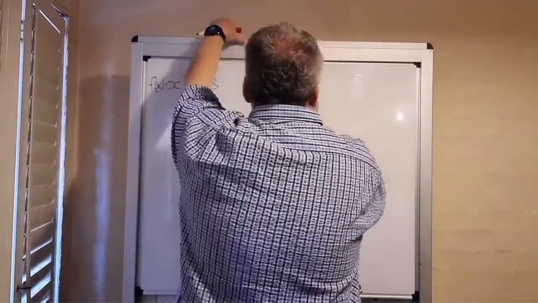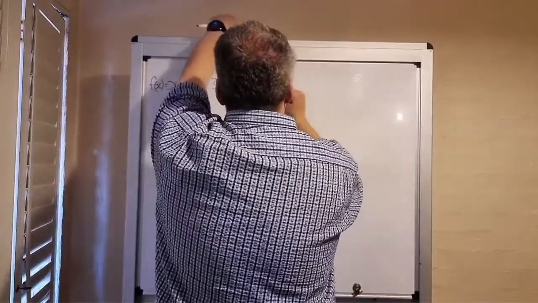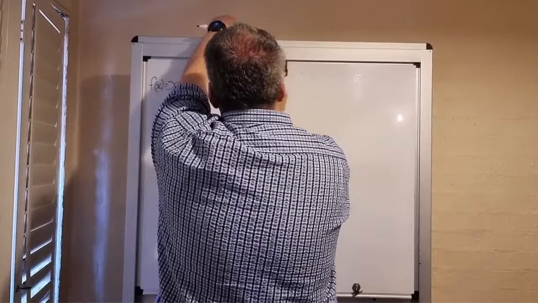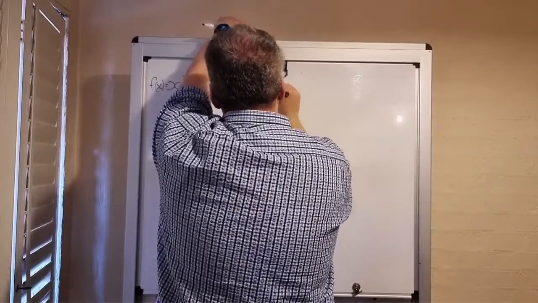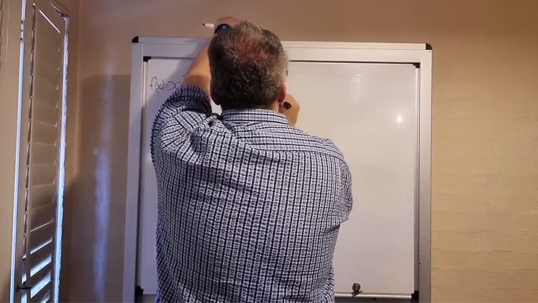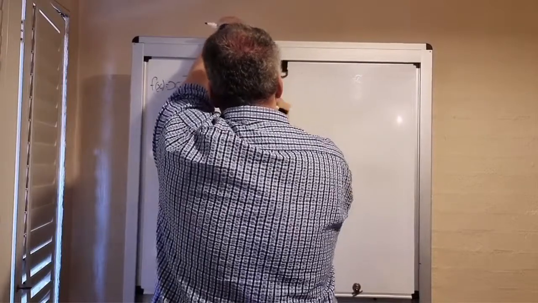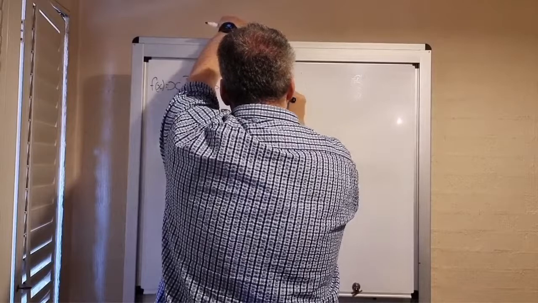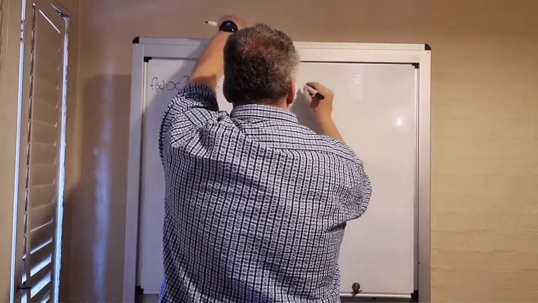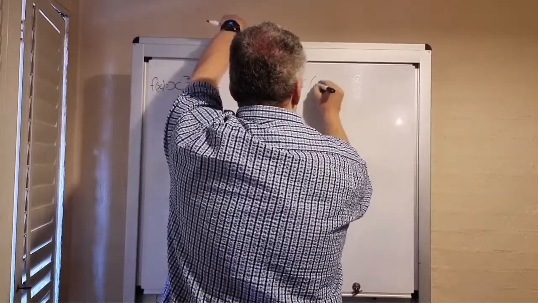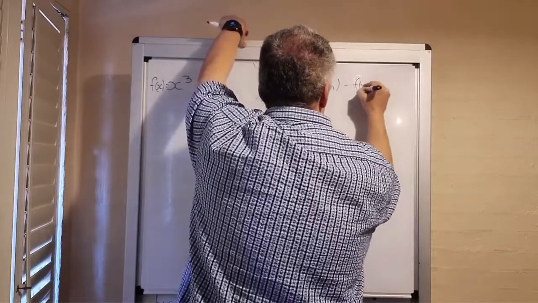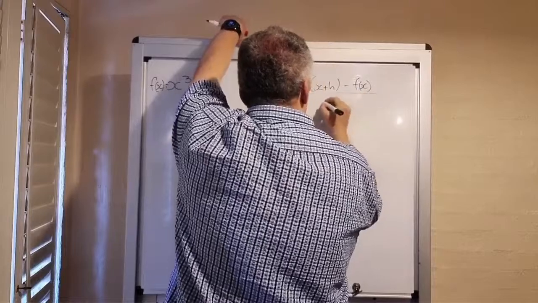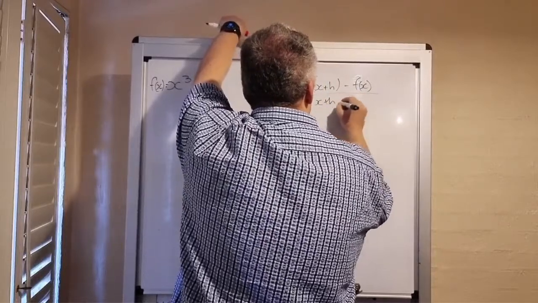Okay? So, you have to use our formula: the limit as h approaches 0 of f of x plus h minus f of x, all over x plus h minus x.